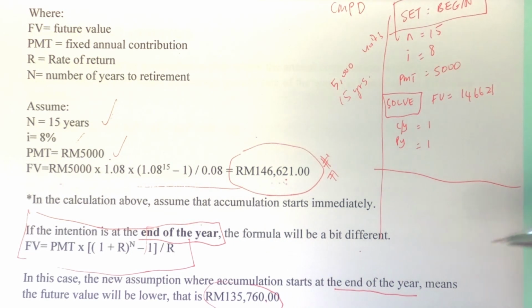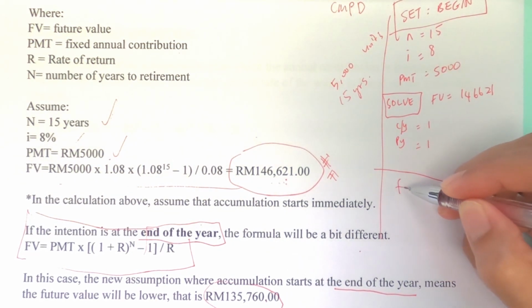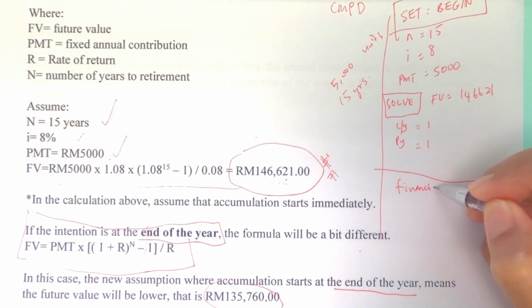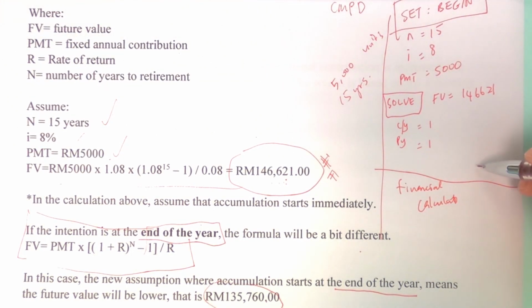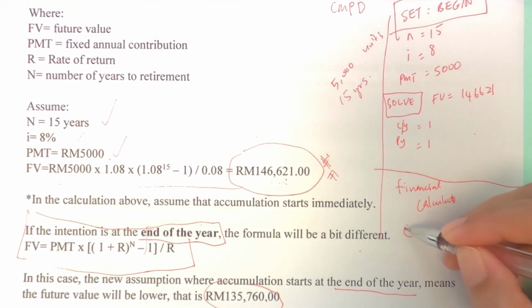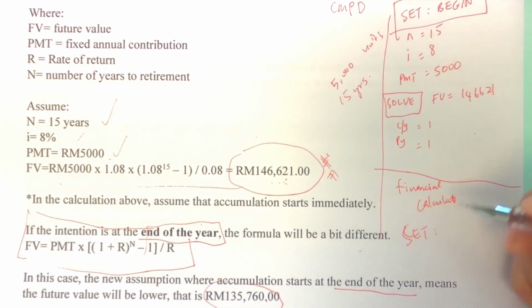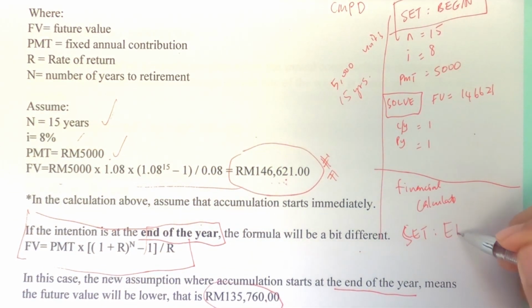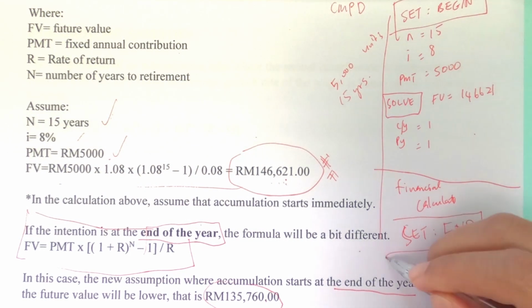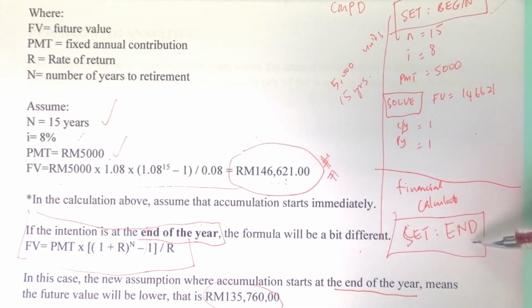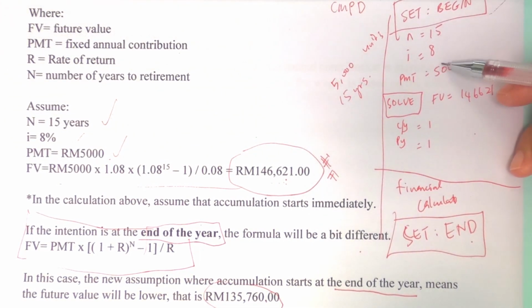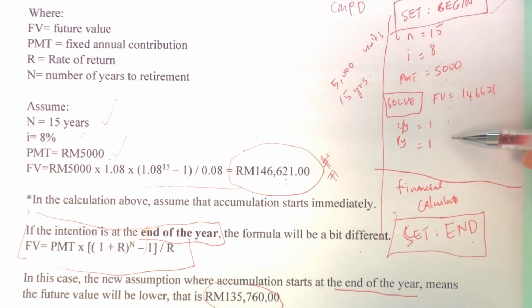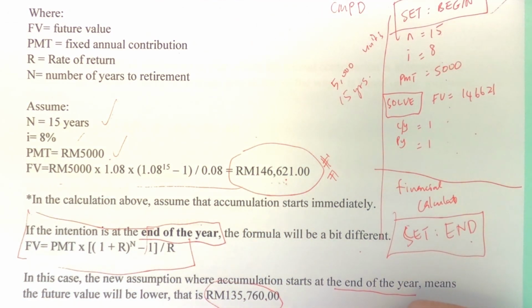If you want to prove this using your financial calculator, all of these figures are similar, except for the Set here, you change from Begin to End. Once you change the Set from Begin to End, and all other figures are consistent, you can get this figure, 135,760.